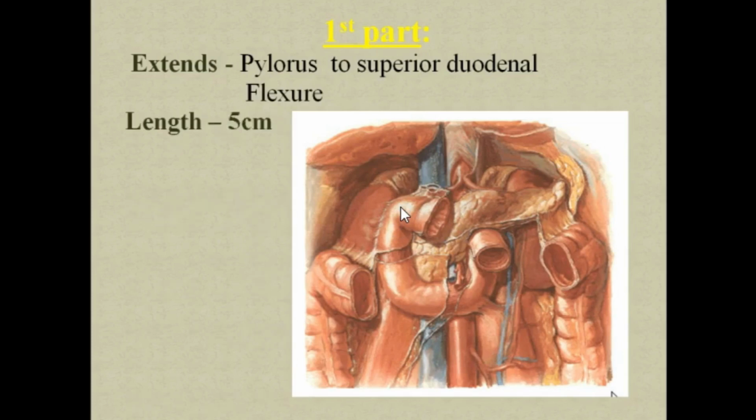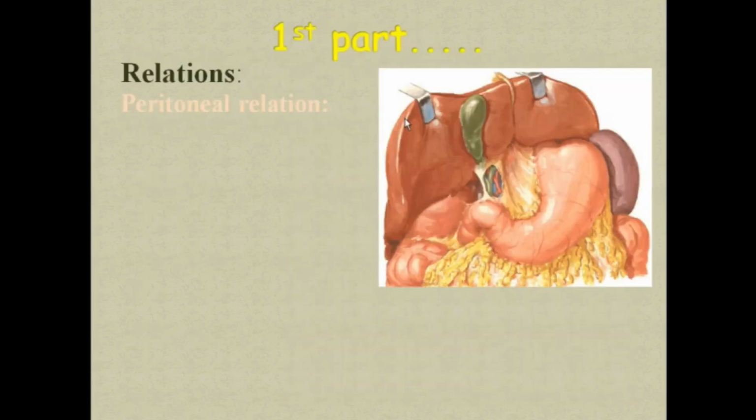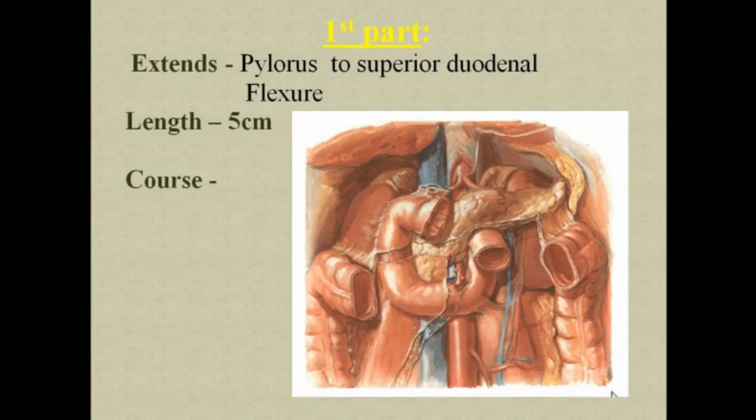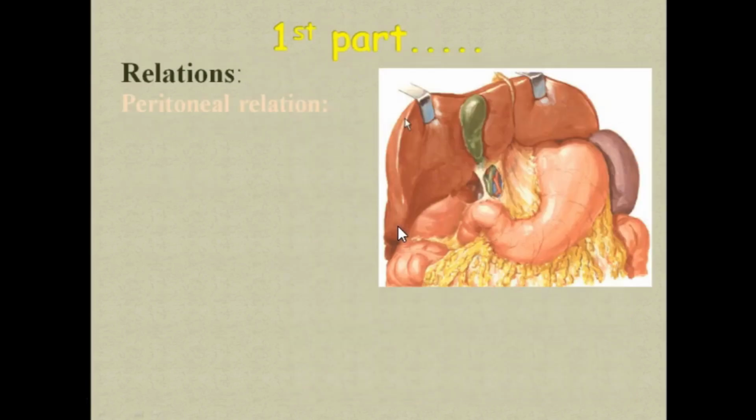As we already discussed, the length is about 2 inches, which is about 5 centimeters. As for the course, it is seen at the L1 vertebra from pylorus to the superior duodenal flexure, passing rightwards.